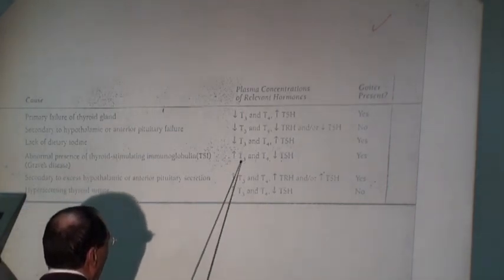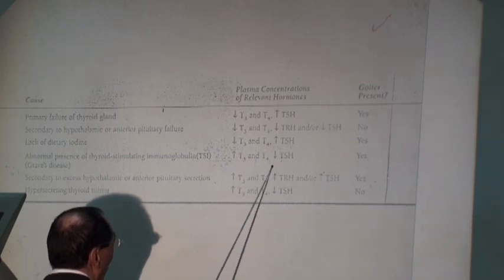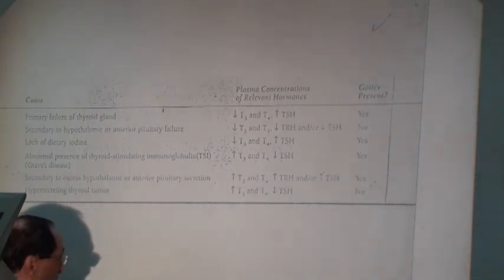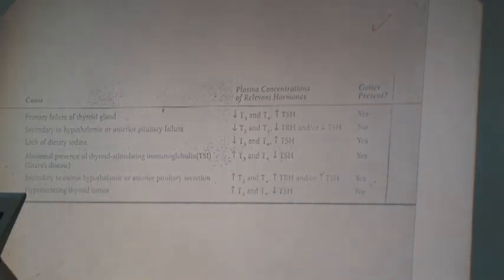But the goiters produced by high T3 and T4 are called malignant goiters. You see, the goiter is either malignant or benign: benign when T3 and T4 are low, malignant when T3 and T4 are high.